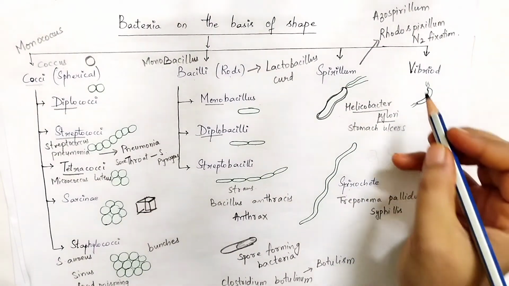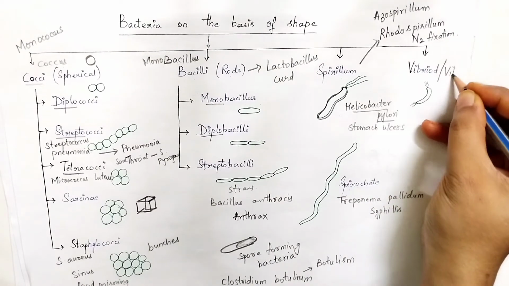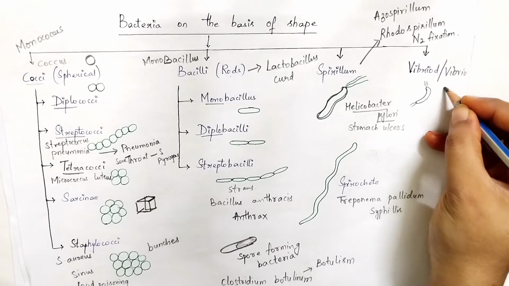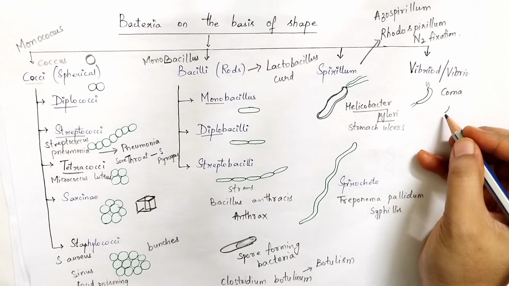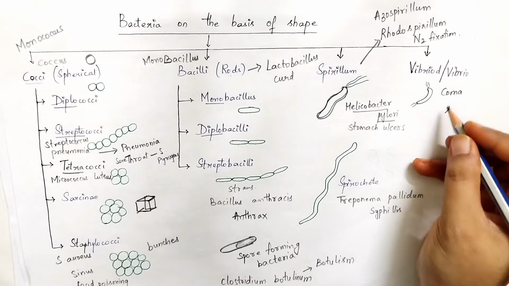Next we have Vibrioid, or simply Vibrio. You can also call it comma shape, like this. This type of bacteria has cells with less than one complete twist.